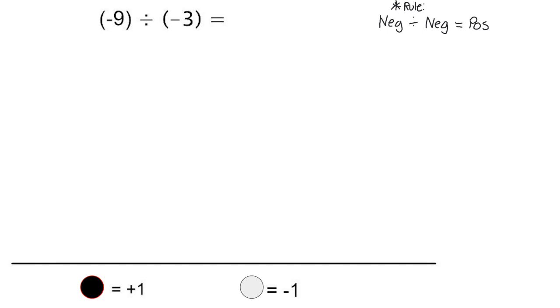Okay, so again, got to draw out my negative integer discs.